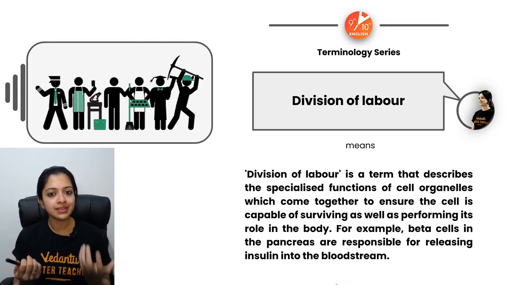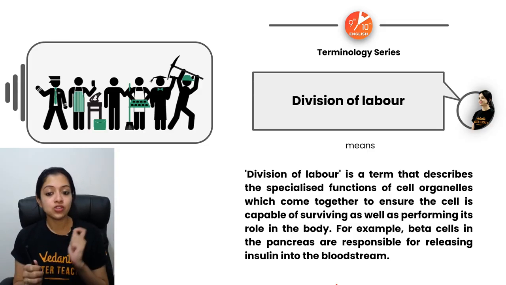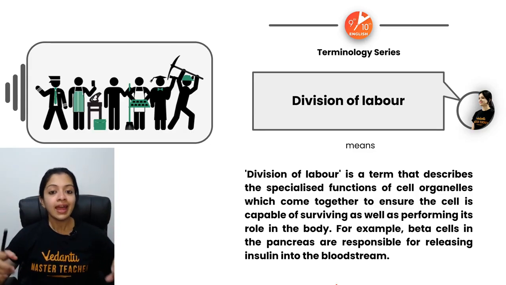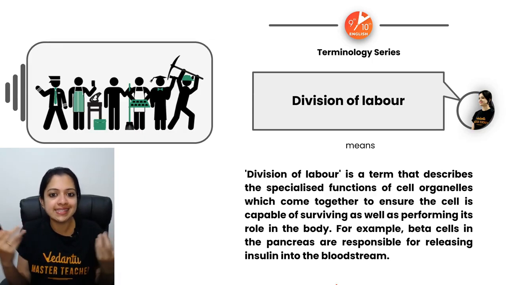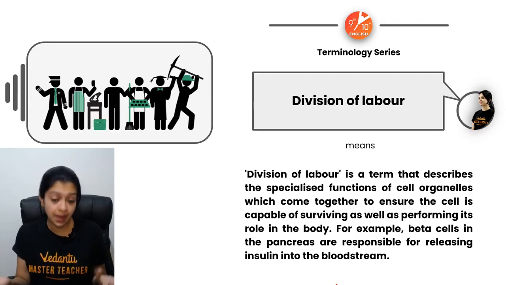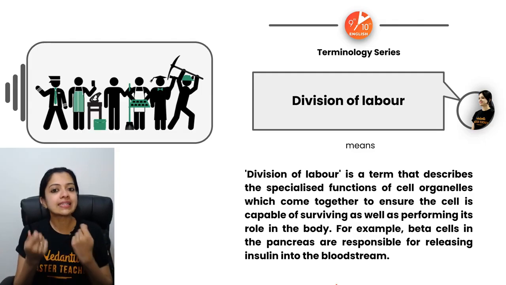Every organelle has a specific function. Every one of them divides the tasks which are required to be done within a cell. That is what we call division of labor. Within a unit, when the tasks are divided between the individual subunits, we call it division of labor.